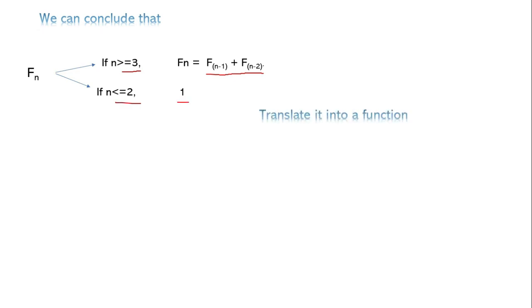From this, we can conclude that for Fibonacci n, if n is greater than or equal to 3, then the equation that we use is Fibonacci n minus 1 plus Fibonacci n minus 2. Otherwise, when n is less than or equal to 2, then it should return 1. Let's translate it into a function. So we need the name of the function. Here is Fibonacci, and then we need the formal parameter to take the value, and then we need the return value here.